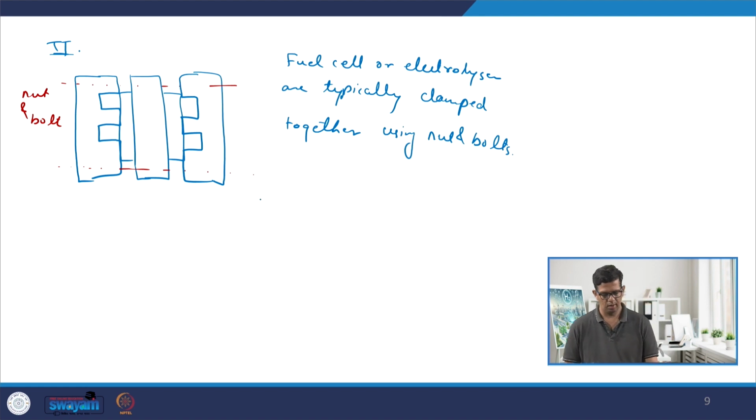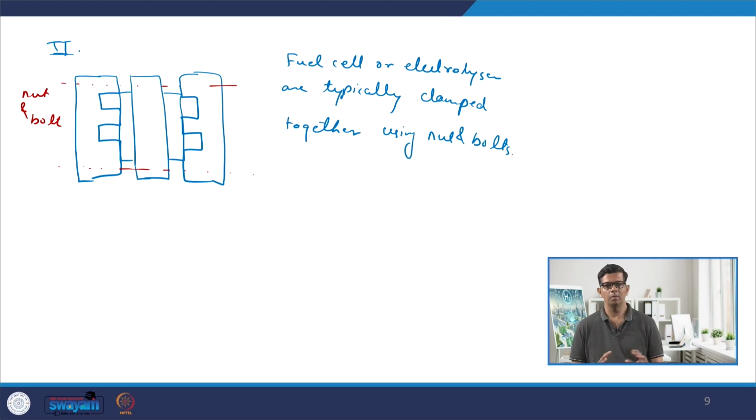When the area of the cell is small, let us say 50 centimeter square or so, the contact between the diffusion layer and the bipolar plate on the anodic side as well as on the cathodic side is fairly good.